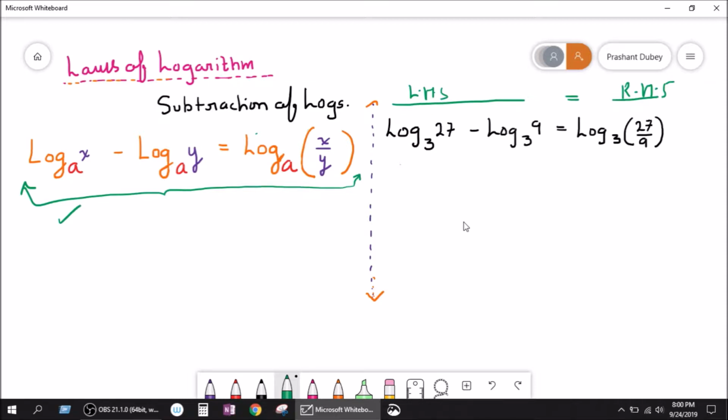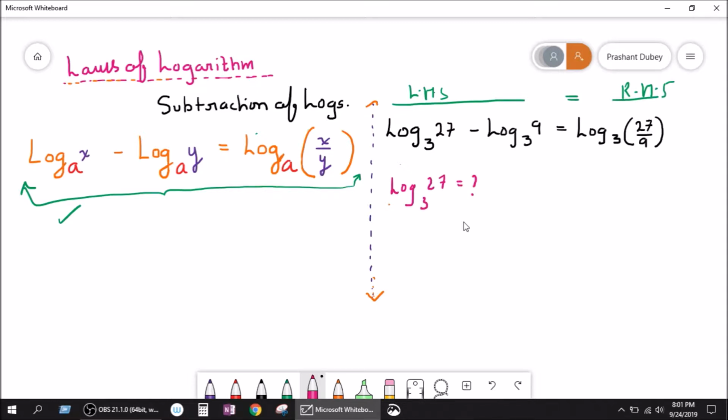So let's focus on the first part of our question. Log 27 to the base 3 is equal to how much?